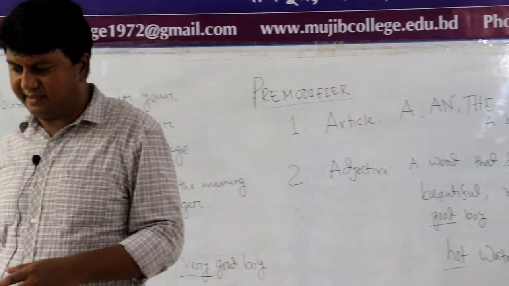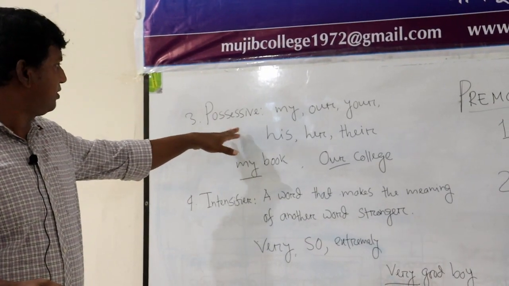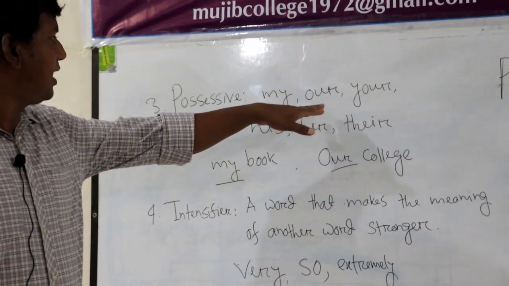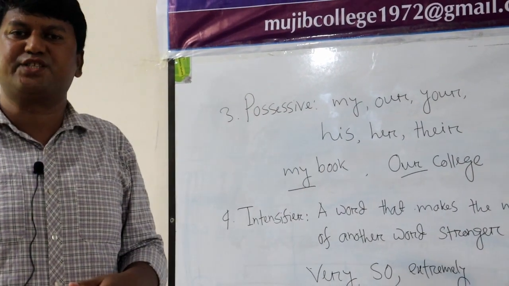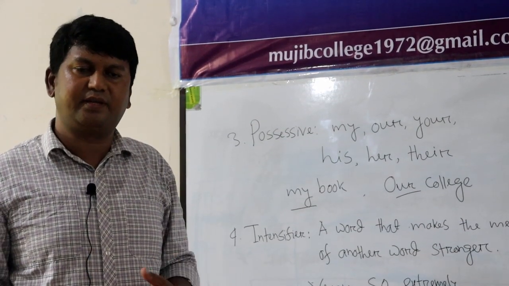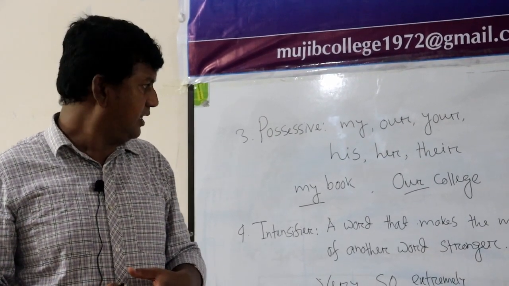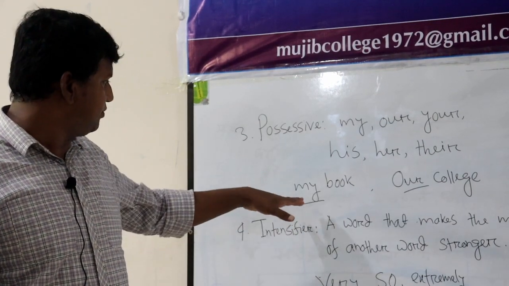Next, possessive. Look at the board. My, our, your, his, her, their. These are possessives. Possessives are always placed before the head word, before a noun. Possessives are pre-modifiers. Look at the examples.